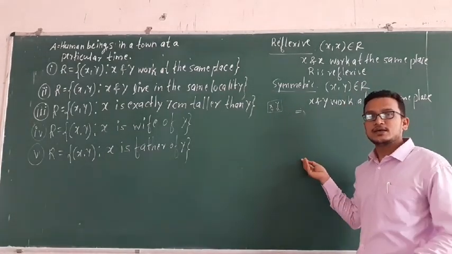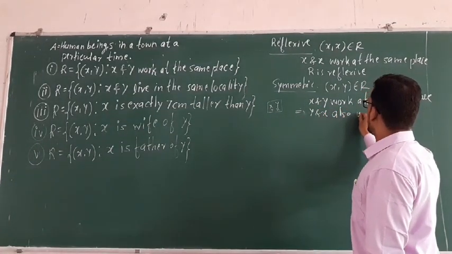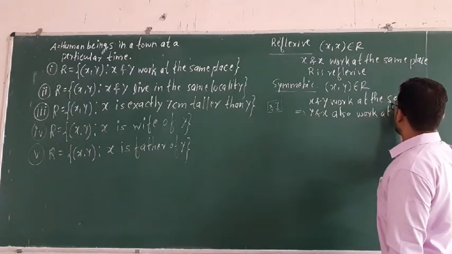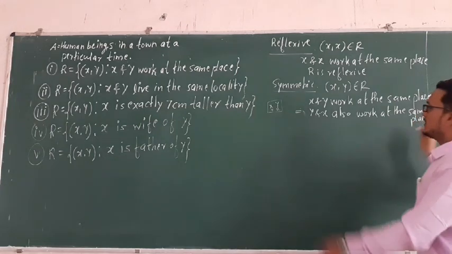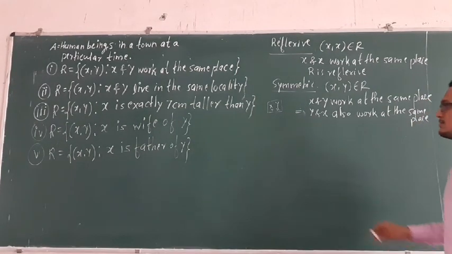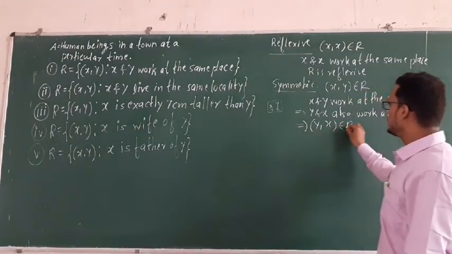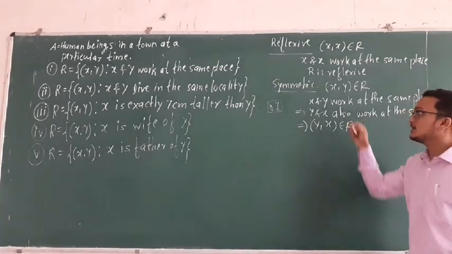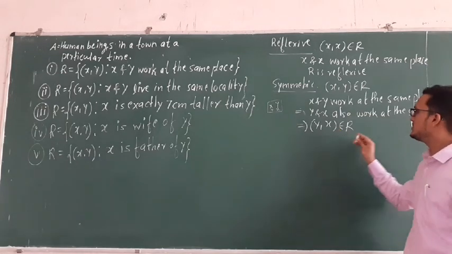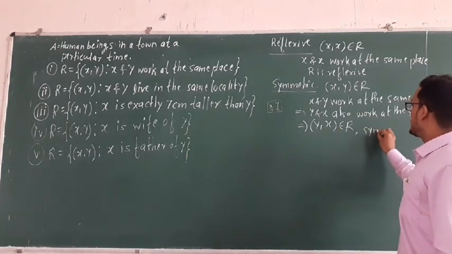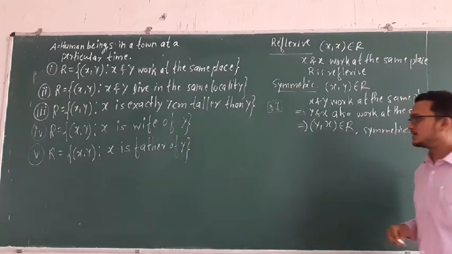No, the working places remain the same. Therefore y and x also work at the same place, which means (y, x) belongs to R. So (x, y) belongs to R implies (y, x) belongs to R. The given relation is symmetric.